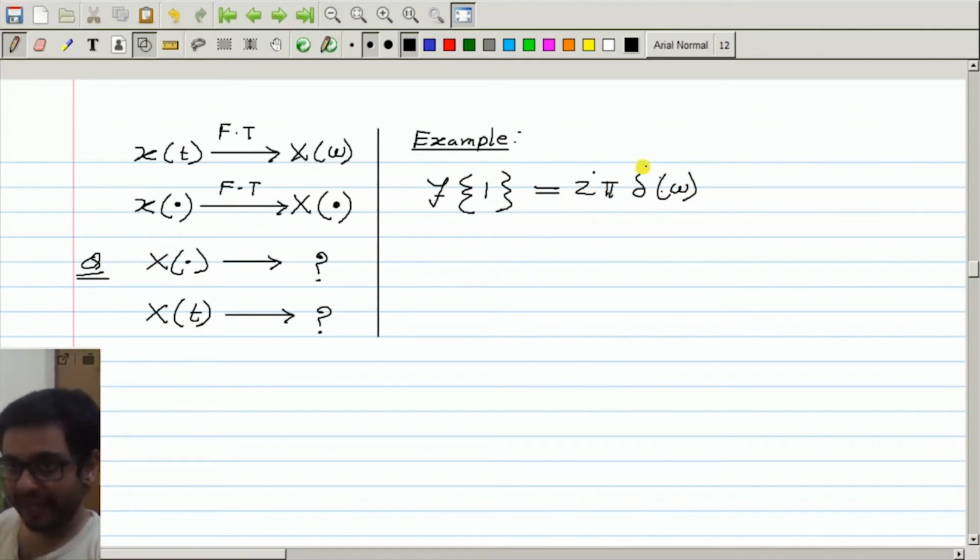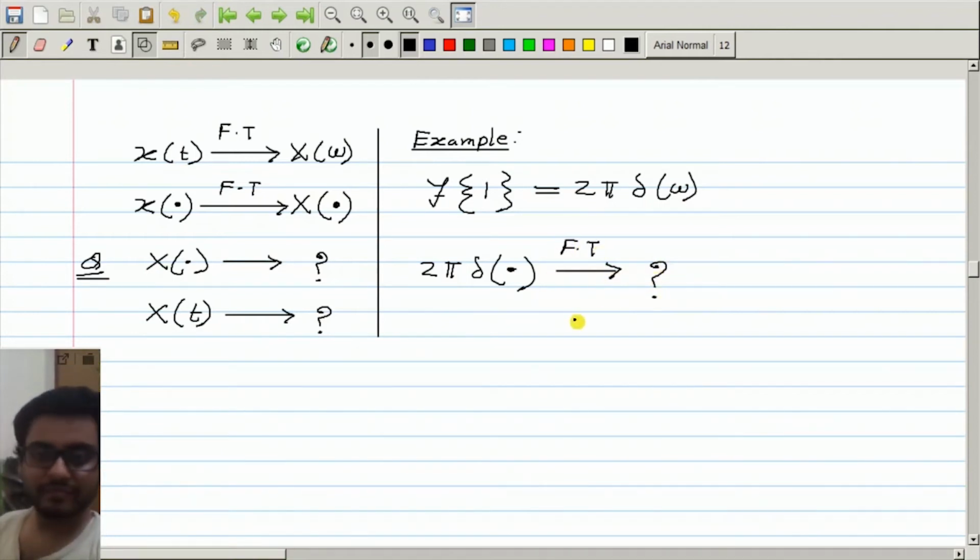Now this 2 pi delta is a function. Okay, so 2 pi delta, you consider it just as a function without regarding this omega as the variable, and I am asking, what is the Fourier transform of this signal? What is the Fourier transform of delta signal? That is my question, for example.